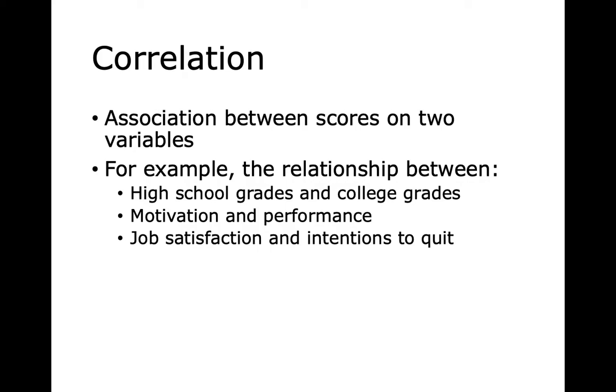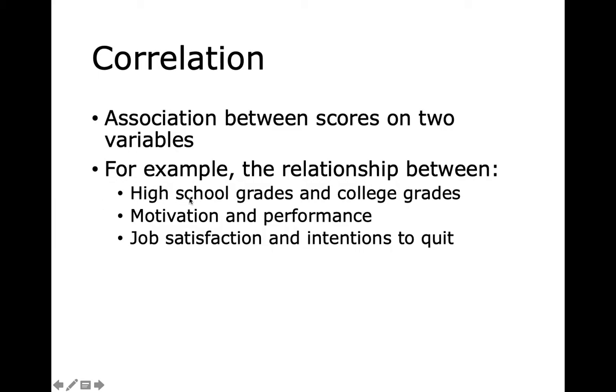And then some of the examples that I gave last time are just some practical things that we might be interested in determining whether there's a relationship between. We might say, is there a correlation between high school grades and college grades? Is there a correlation between an employee's motivation and their job performance? And is there a correlation between an employee's job satisfaction and their intention to quit the job?